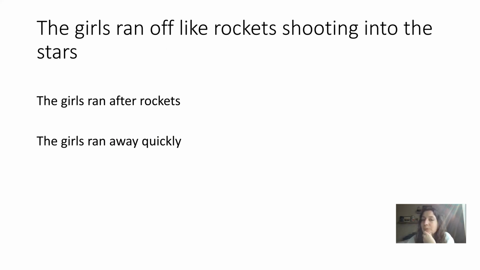It doesn't say that there were actually rockets. And then the second one feels better because we know that rockets shooting into the stars would be moving very quickly. So it's comparing that quick movement to how the girls ran. So the girls ran away quickly would be our correct answer.